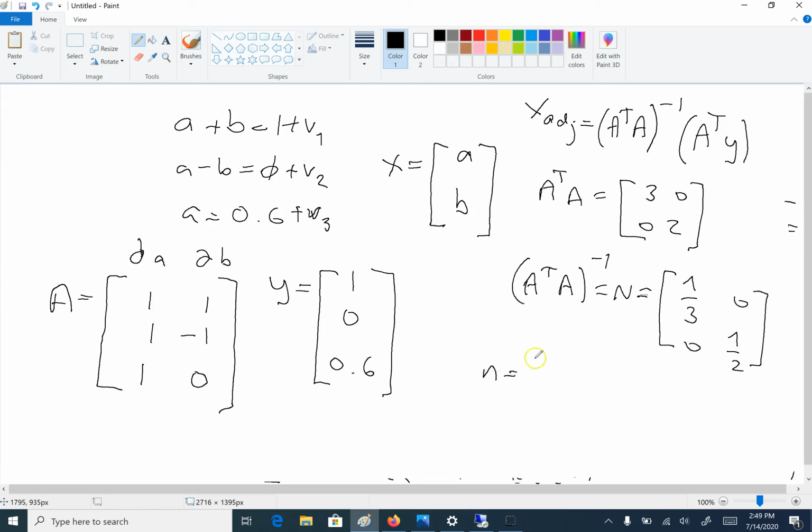Our normal vector is going to be A transpose times Y, which is 1.6 and 1. So x adjusted should be n inverse times n.